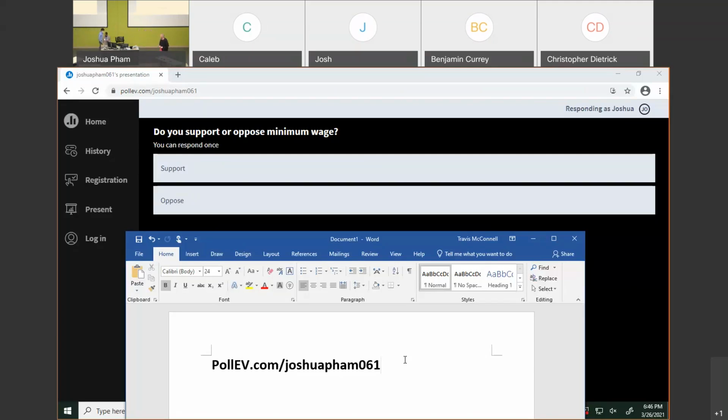Okay, so to wrap things up, we're just going to take a look at the poll to see if anything's changed. It looks like it's loading in. So we started at 54, so I don't remember.